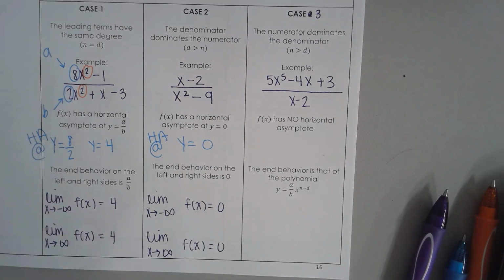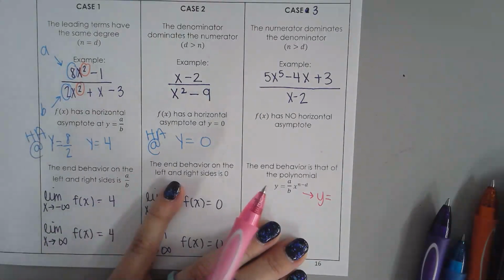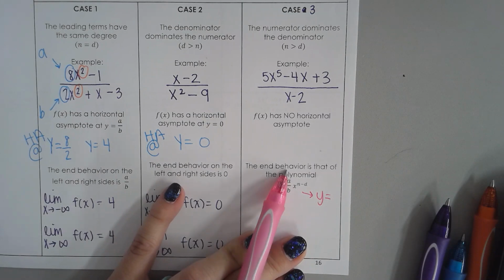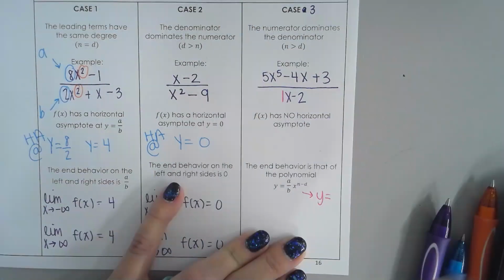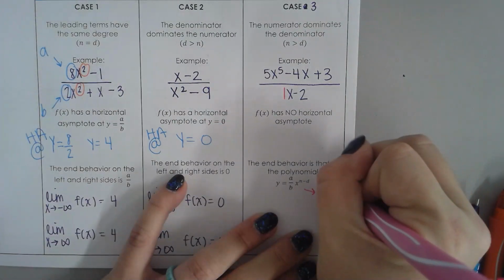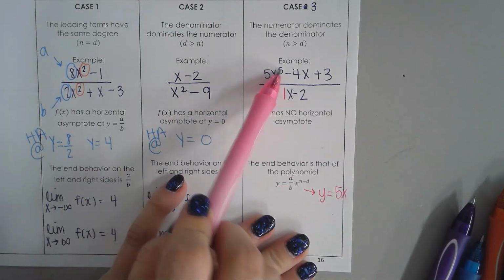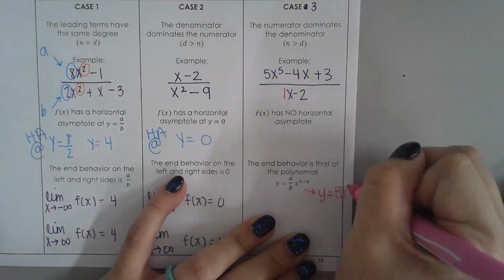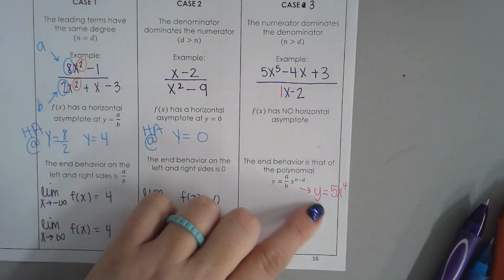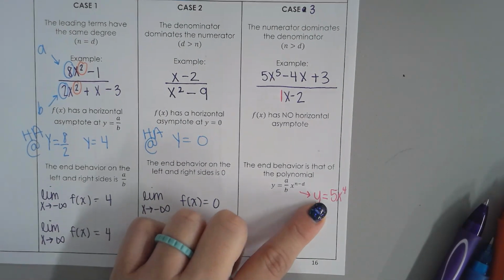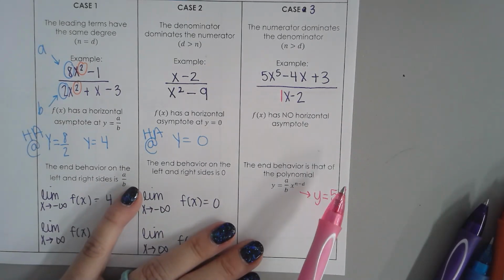So what we do is we look at the line y equals a over b, this would be 5 over 1, so a over b would be 5, x, and then you subtract your exponents. So I would have x to the 4th. So my end behavior is going to follow the same rules as the function 5x to the 4th.